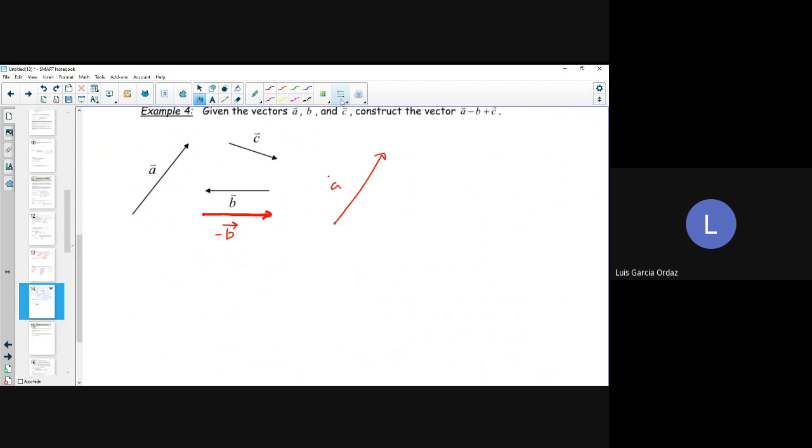This is vector a, nothing changes about it. Minus b goes from the head of vector a and goes horizontal. So this is negative vector b. Vector c has no change in it, so it goes this way. This is vector c, which means that my resultant vector is going to be vector a minus vector b plus vector c.